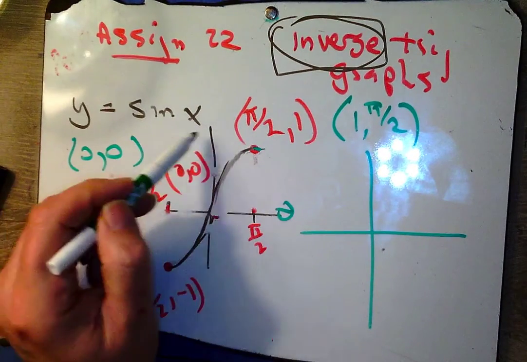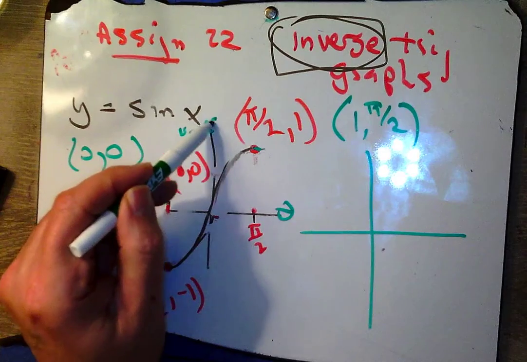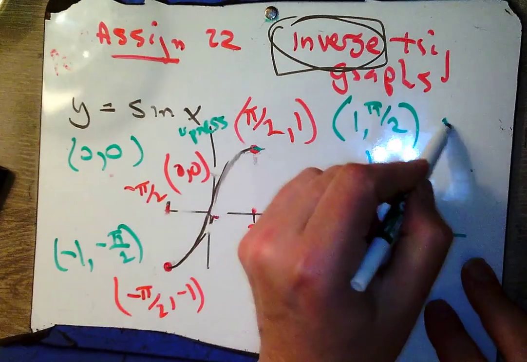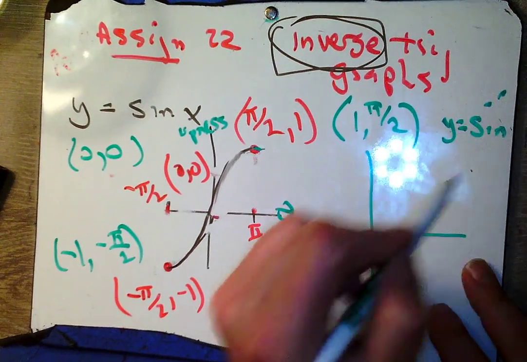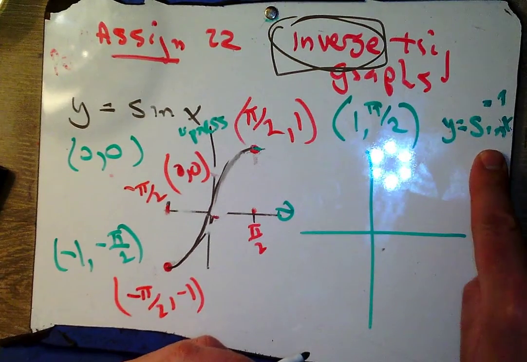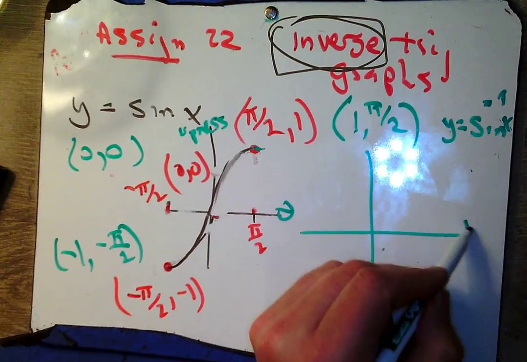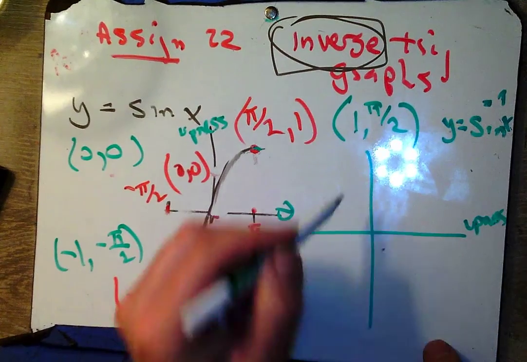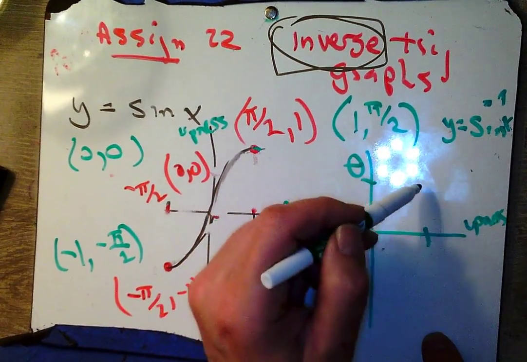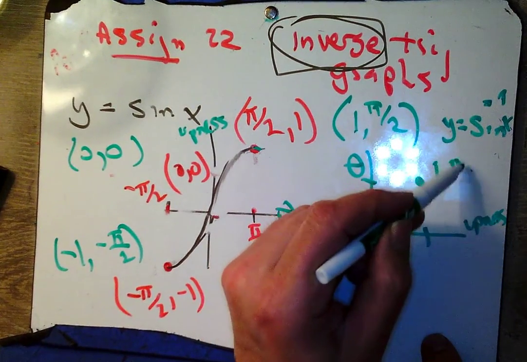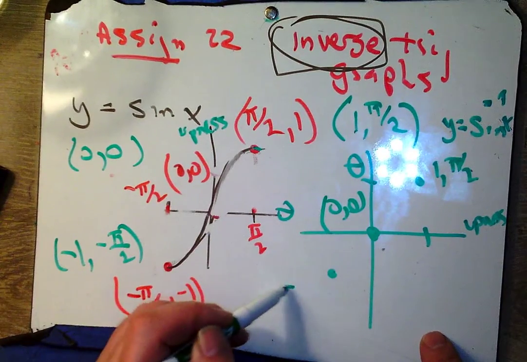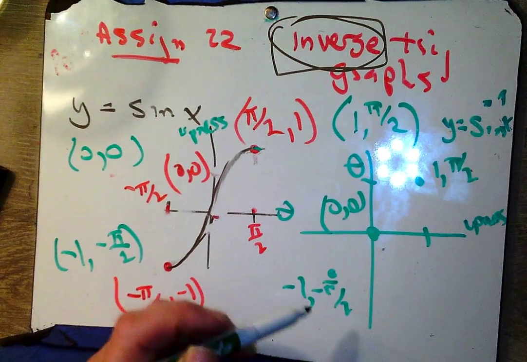And if we're talking about sine, we have an upness as an output. But on our inverse trig graph, y equals sine inverse of x, the input is the upness and the output is the theta. So we've got 1, pi over 2, we've got 0, 0, and we've got negative 1, negative pi over 2.